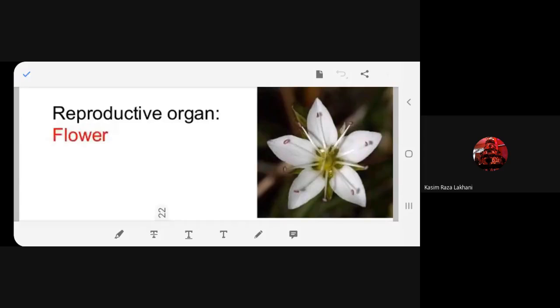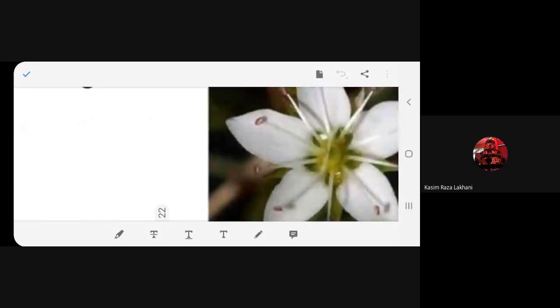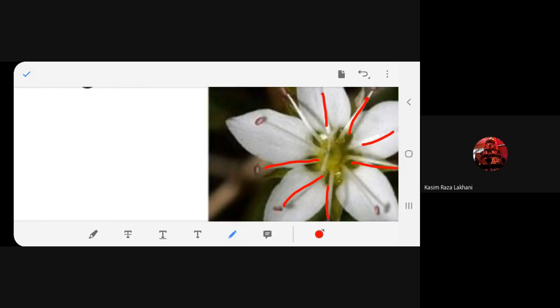So we know the reproductive organ of a plant body is the flower. This is the flower. Can you see this flower better? These structures that you can see are all stamens. So it has a filament and the anther, right?